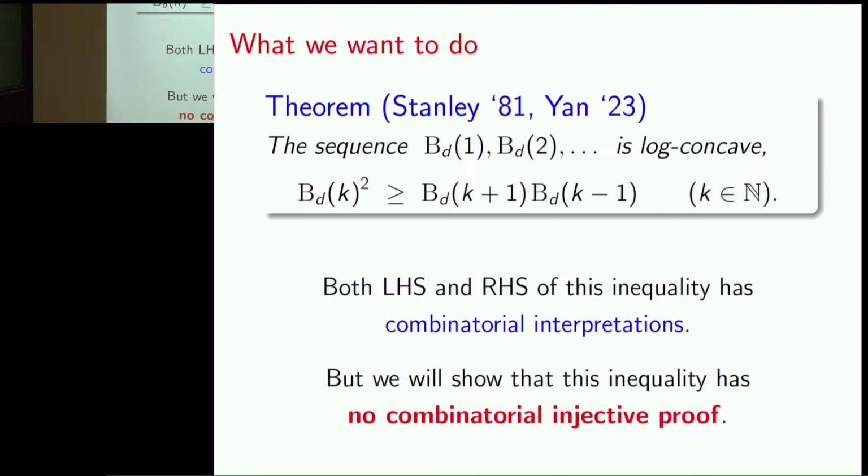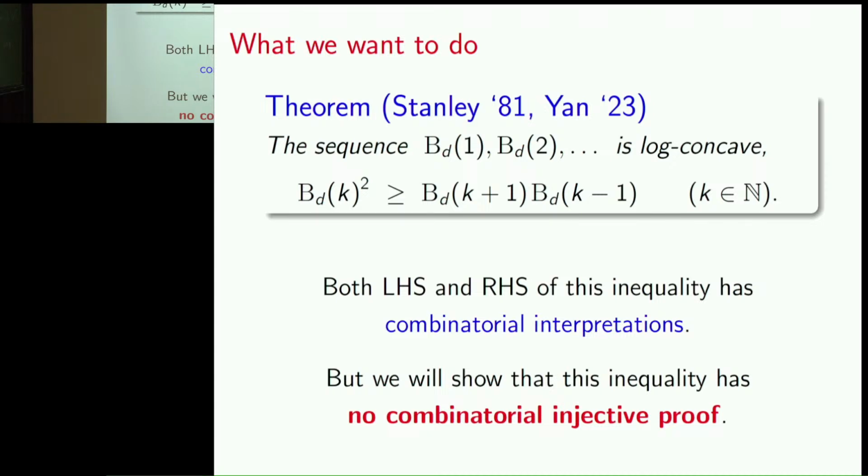So an elementary proof of this inequality would be to define a simple injection that sends elements from the right to the left. That would be a simple proof of Stanley's inequality. In particular, it would be a simple proof of Mason's inequality, right?